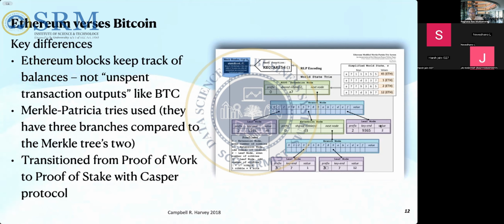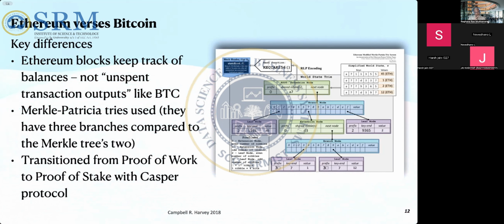But on the other hand, you also have an additional node which is used to extend the tree further, and which helps to validate the existence and non-existence of a transaction at a very fast pace. That's why they adopted the structure: Merkle-Patricia trie, with 3 branches compared to the 2 branches in the Merkle tree in the case of Bitcoin.